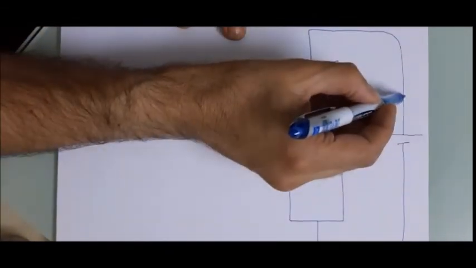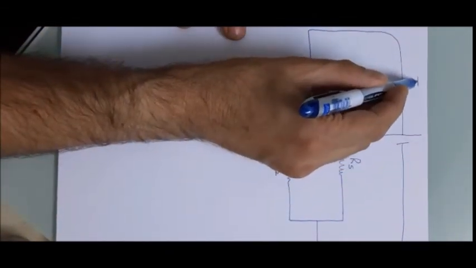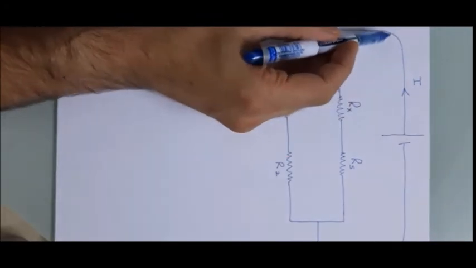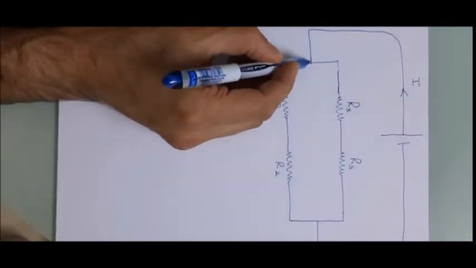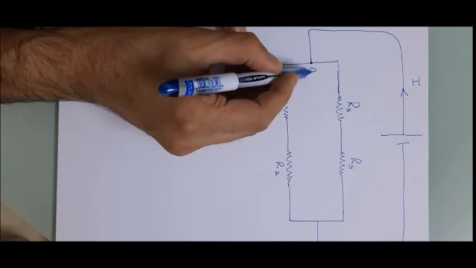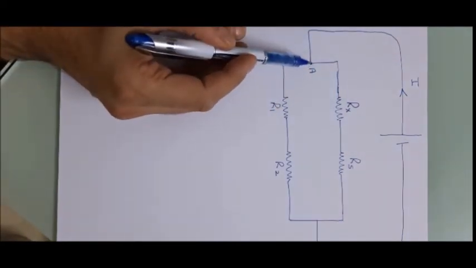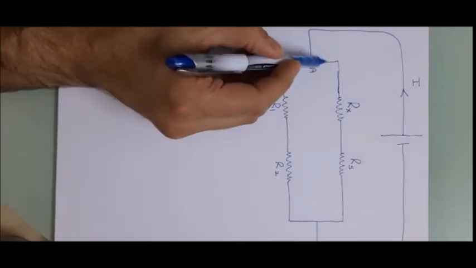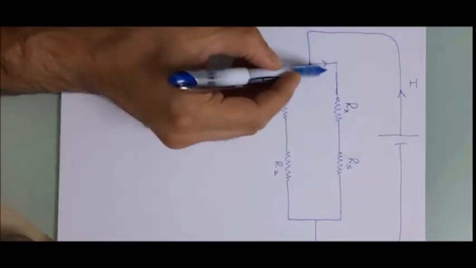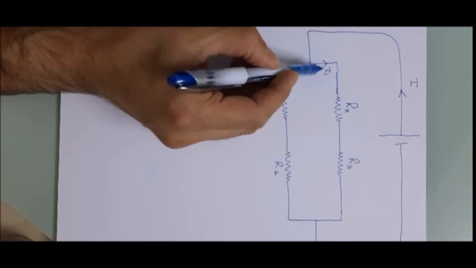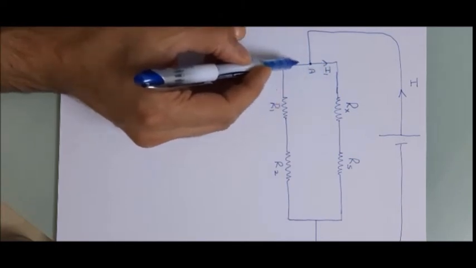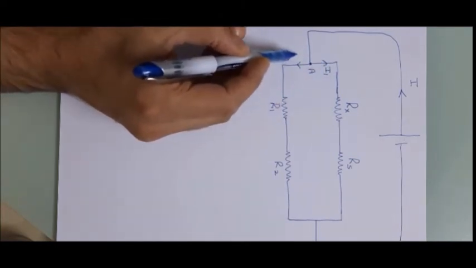Now the current generated by the battery, when this current reaches this point, I will call it point A. So at this point, the current will be split into 2 parts. Part goes up, I will call it I1, and another part goes down, I will call it I2.